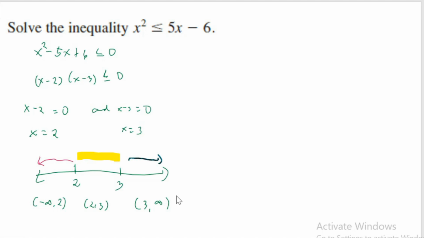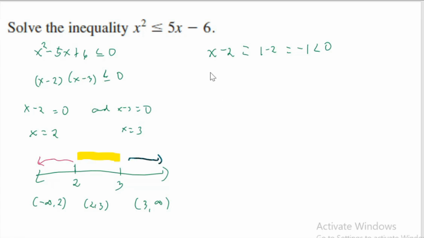For example, here on the leftmost, we can test the value, shall we say, choose 1. So we can write x minus 2, if x is 1 in this part, we have 1 minus 2 is equal to negative 1, and negative 1 is less than 0.